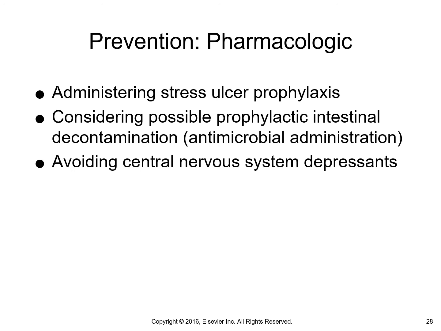We also want to avoid central nervous system depressants because we do not want to inhibit or suppress their cough. So these are things that we should try to prevent.